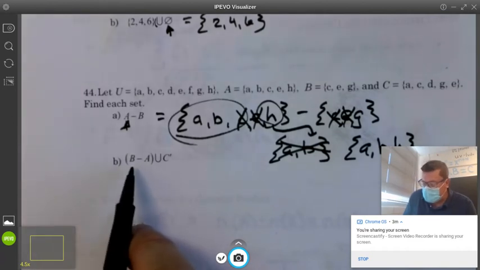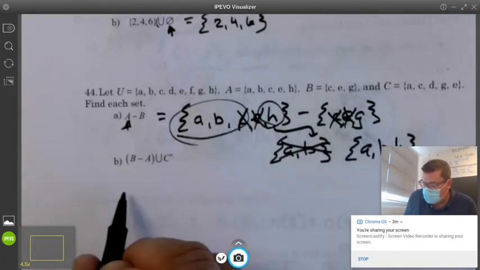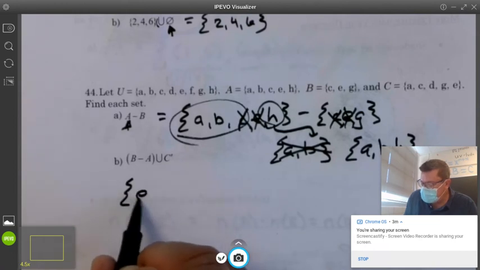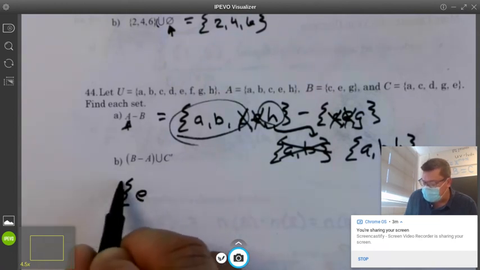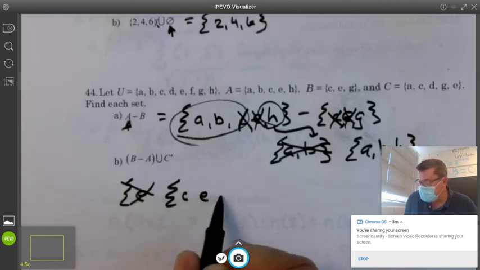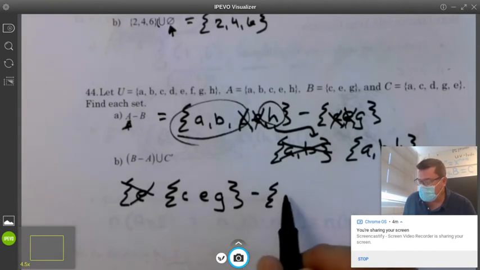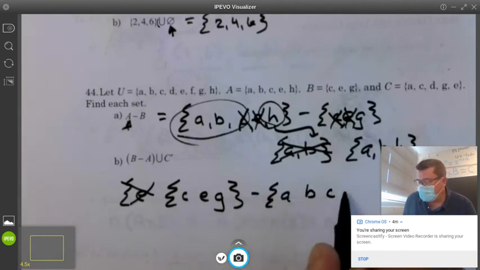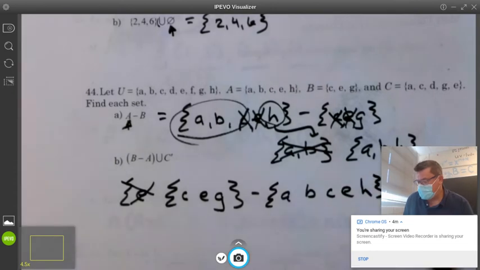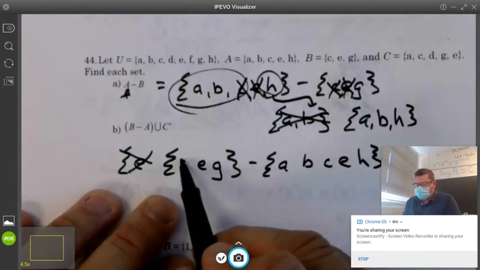Let's subtract B minus A. So subtracting A from B, we start with B. We start with C, E, and G, and we're subtracting from it A. C minus this stuff over, gone.